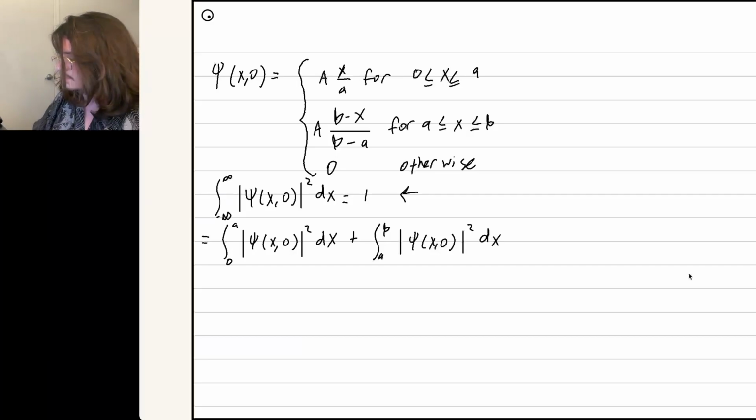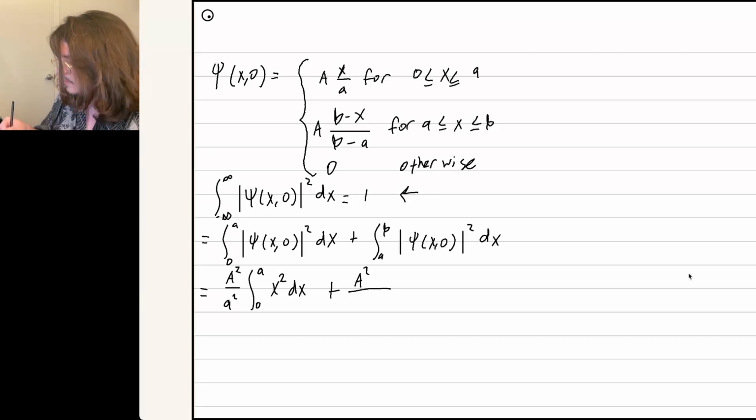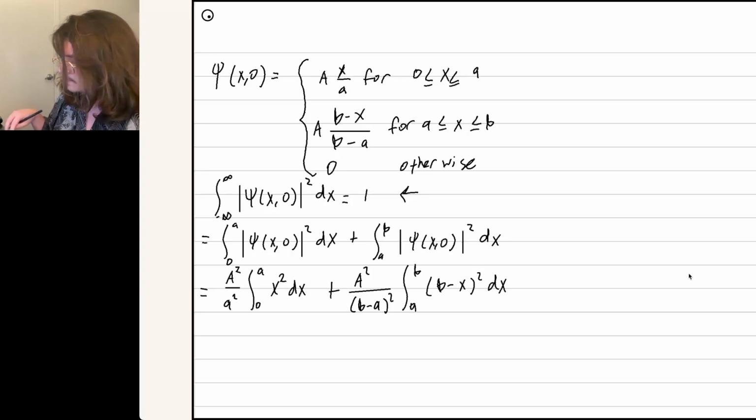Taking the square modulus of the first region, you end up with capital A over little a, both squared, times the integral from 0 to a of x squared dx. And the other term is A squared over (b minus a) squared times the integral from a to b of (b minus x) squared dx.